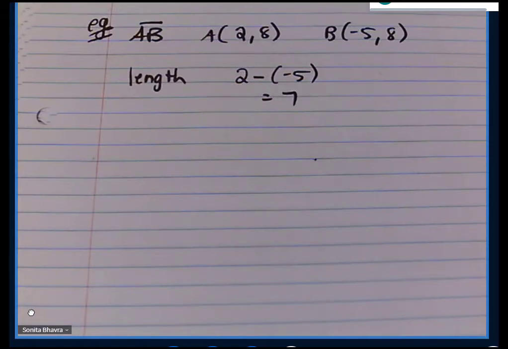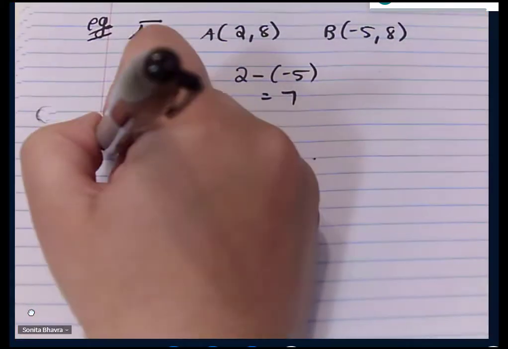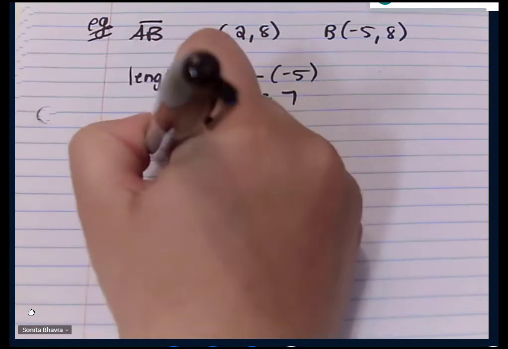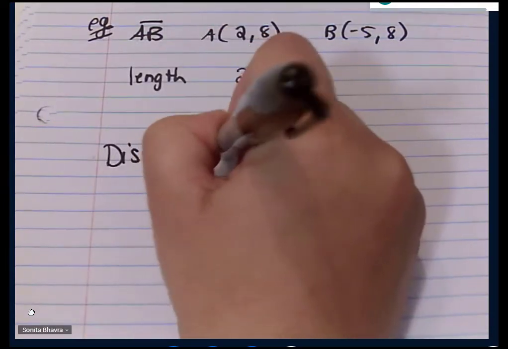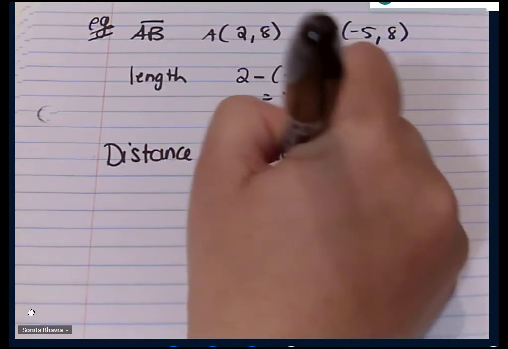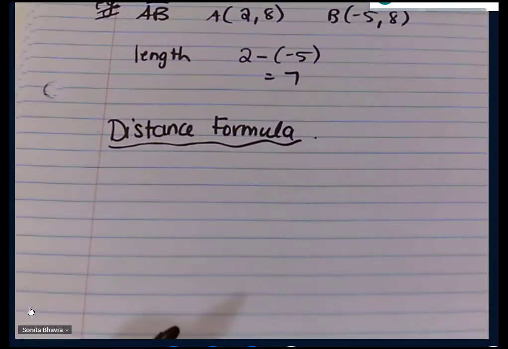When you are looking at lines on a coordinate grid, they can be diagonal. So what we're going to look at next is the distance formula.